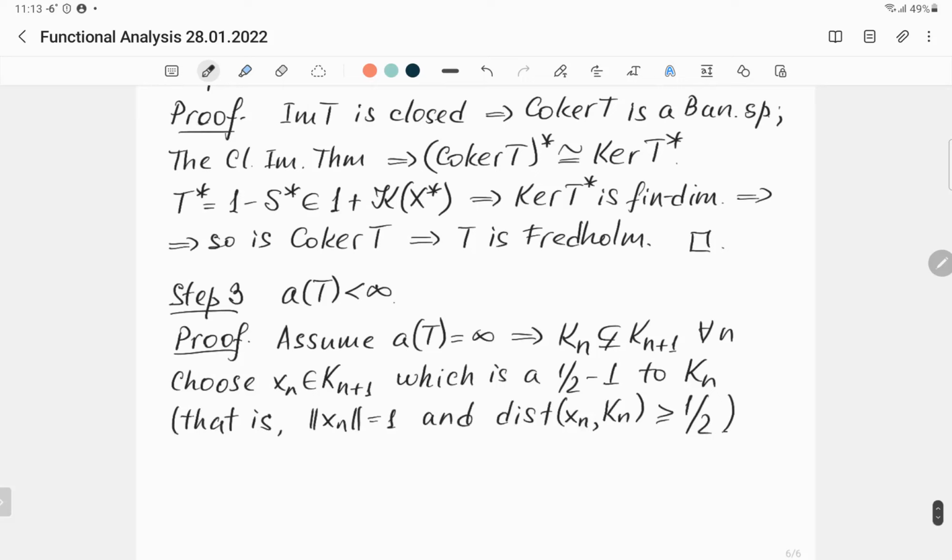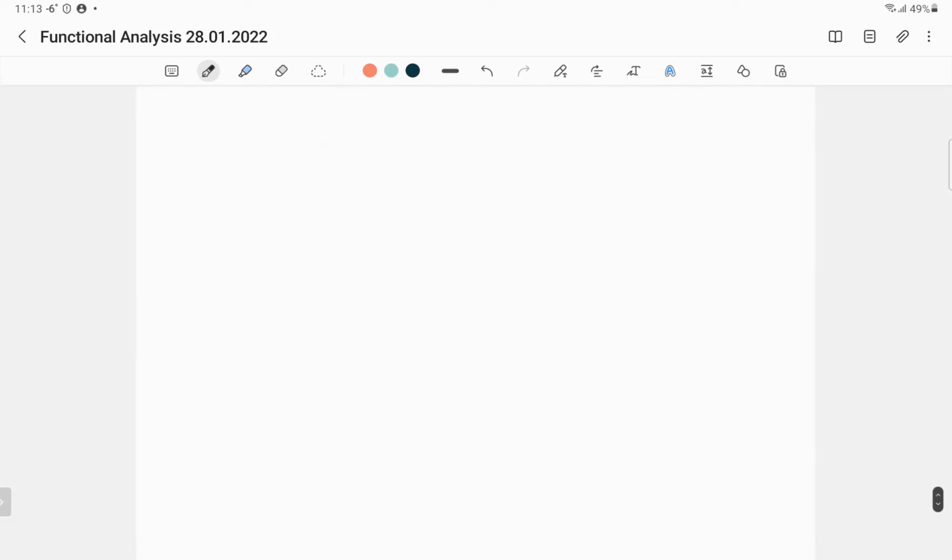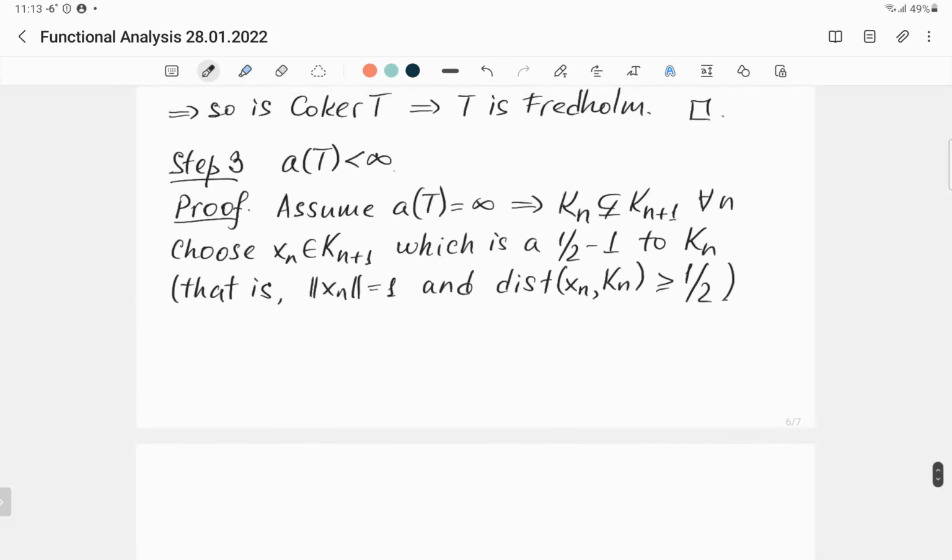So we would like to obtain a contradiction. Namely, we will get a contradiction with the compactness of S. So we take any pair of indices n and m. For convenience, we suppose that n is bigger than m, and n is greater than or equal to m plus 1.